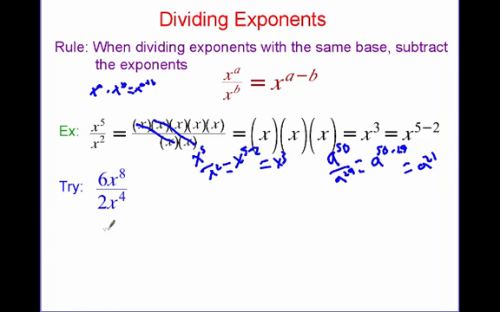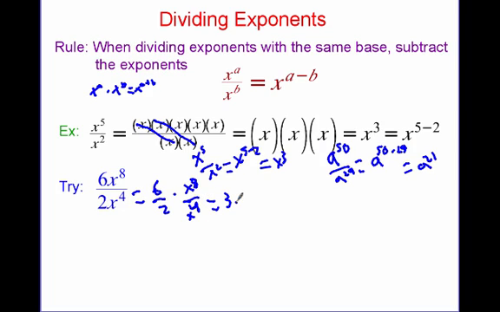All right, now that you've tried this problem, let me help you work it out. What I would think would be a good first step is to separate out my coefficients, 6/2 like that, and x to the 8th over x to the 4th like this. Trust me when I say it'll make our lives easier. 6/2, that's just 3.